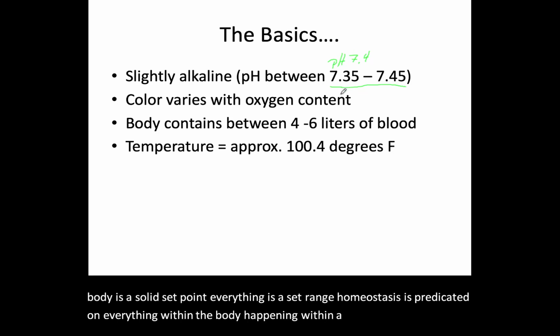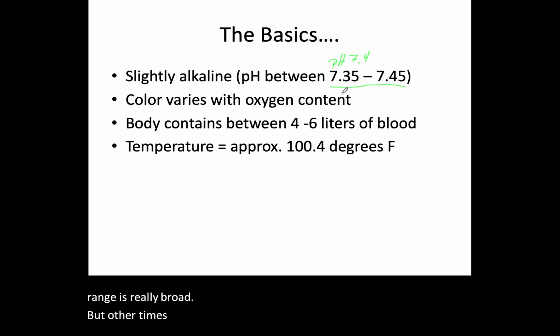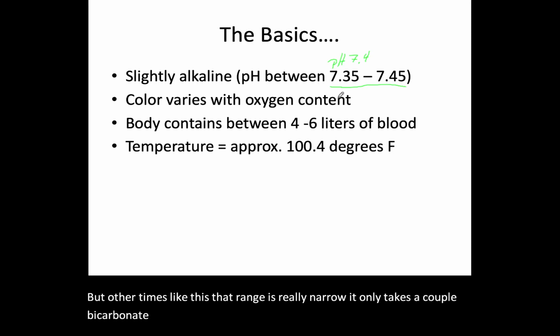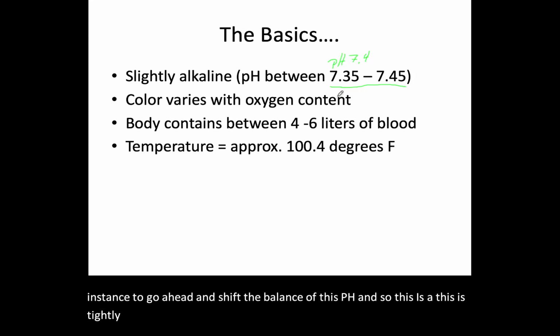Sometimes that range is really broad, but other times, like this, that range is really, really narrow. It only takes a couple bicarbonate ions, or it only takes a couple carbon dioxide molecules, for instance, to go ahead and shift the balance of this pH. And so this is tightly regulated for a number of reasons that will become apparent as we move throughout the semester.